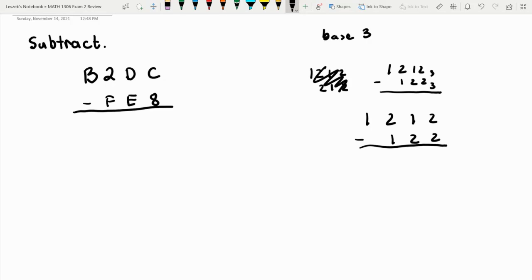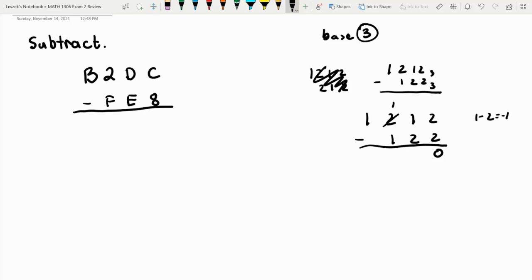Okay, so 2 minus 2 is 0. That's fine. Now, for the second column, 1 minus 2 is a negative number, so that means we need to borrow. So we're going to borrow from this column, so the 2 becomes a 1. Okay, and when we borrow, we're borrowing the base value. We're borrowing a 3.